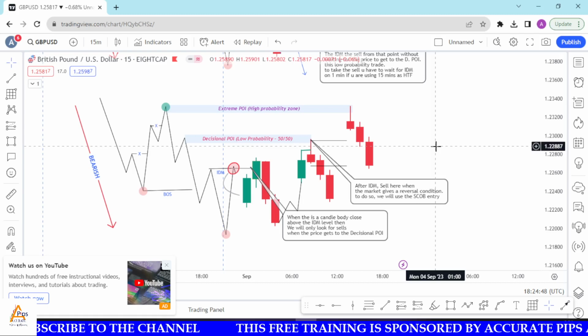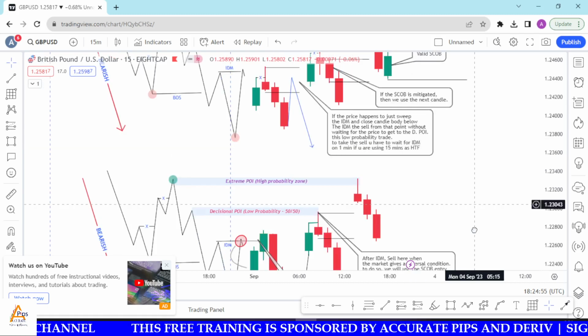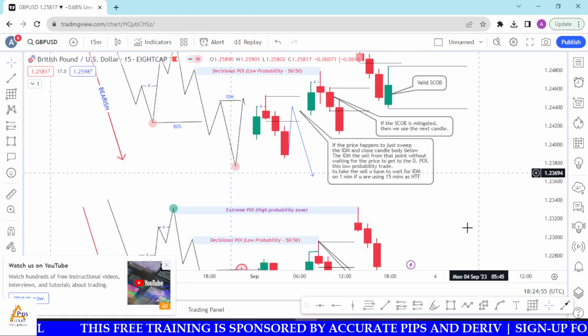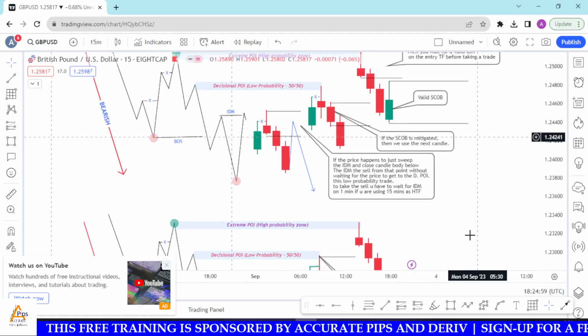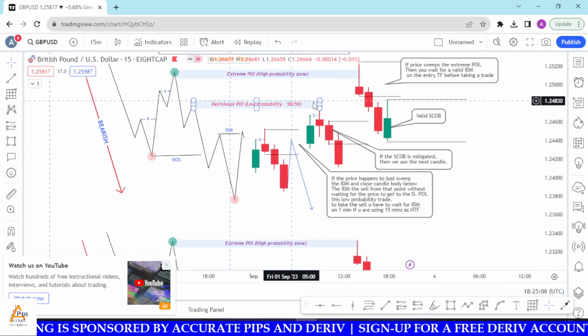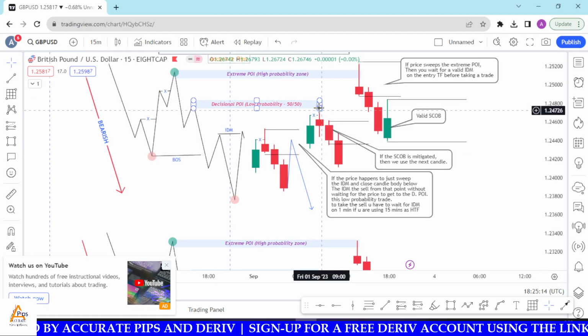All right, so now let's go back to the first chart. Let me explain a few things there and then we go. Now if it happens that price hits your SL over here, then that is when you wait for this decisional OB. Okay, and then also you have to confirm that it is forming a single candle order block before you take your entry.